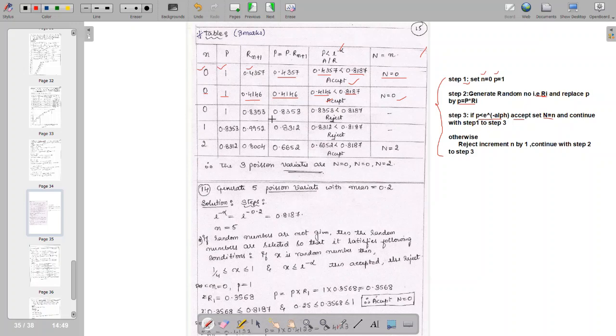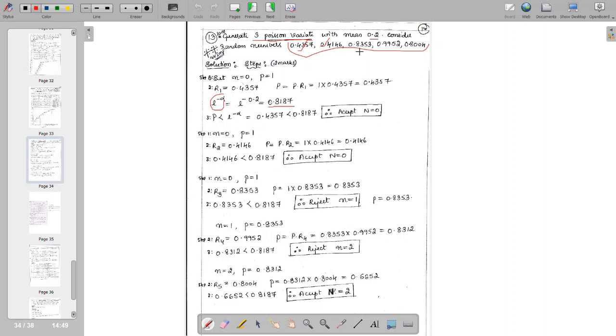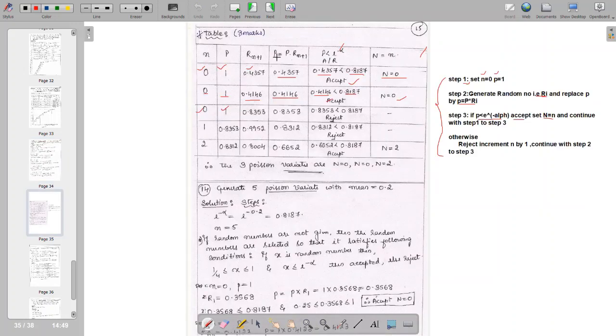Again step 1 is set n equal to 0, p equal to 1. Second step, generate the random number from the sample data. The next random number is 0.8353. Now multiply 0.8353 into 1, you will get 0.8353.